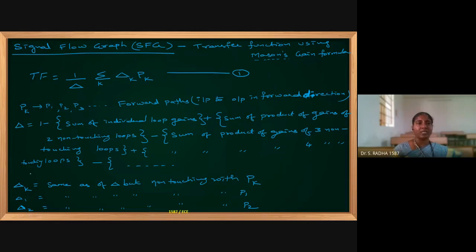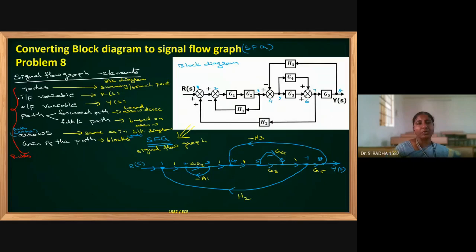The k value varies based on the number of forward paths, k equal to 1, 2, 3, like that, in the given signal flow graph. Now I will go with a diagram and tell you how to operate this.